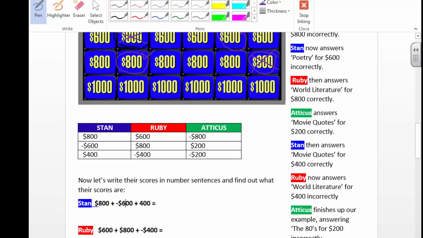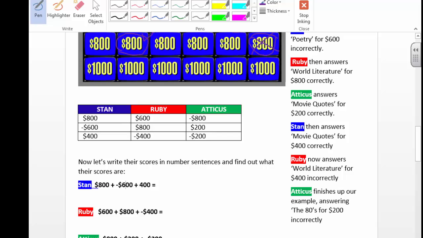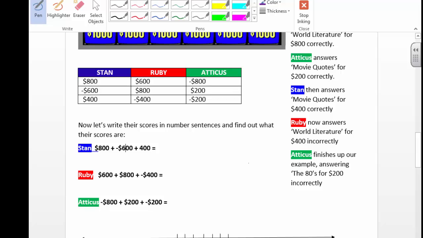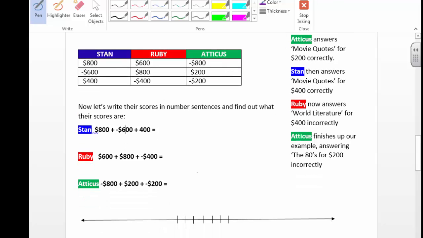All right, so now by using a table, we can see how our contestants have done question by question. Now, let's write their scores in a number sentence and find out what their total scores are. Okay, so for Stan, we have 800, minus 600, and $400. So I'm going to put a 0 here on my number line, and I'm going to pretend that each one of these lines is $200.